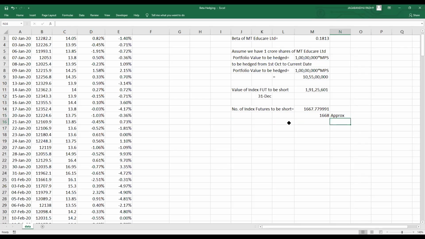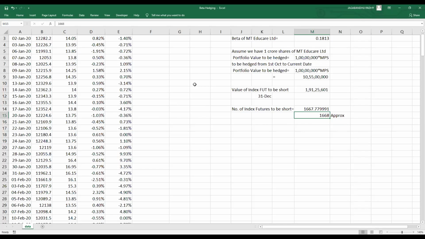So many index futures need to be short approximately. We cannot have it in decimal, so 1668 index futures we are going to short. Let us assume that each index future is able to be traded singly, meaning we are not considering the lot size for now.